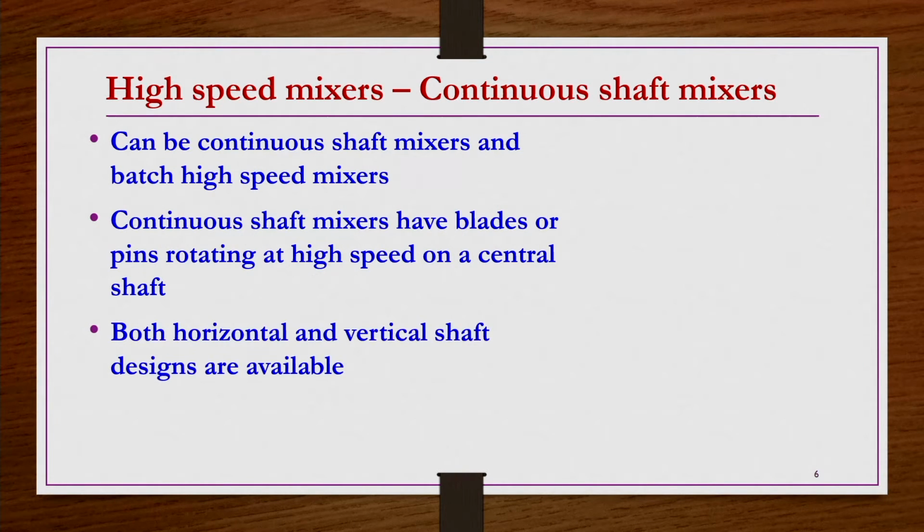Both horizontal and vertical shaft designs are in general available within these two categories, continuous and batch shaft mixers, and within each category we can have horizontal and vertical shaft designs. We are going to see some of them.